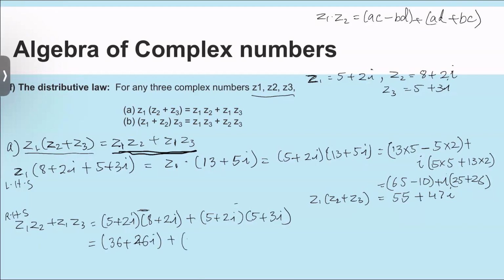We get AC minus BD, so that is 6, plus i times (AD, that is 15, plus BC, that is 10). So what we get is 36 plus 26i plus 19 plus 25i.